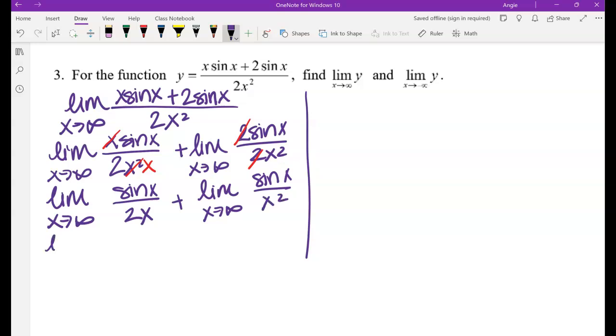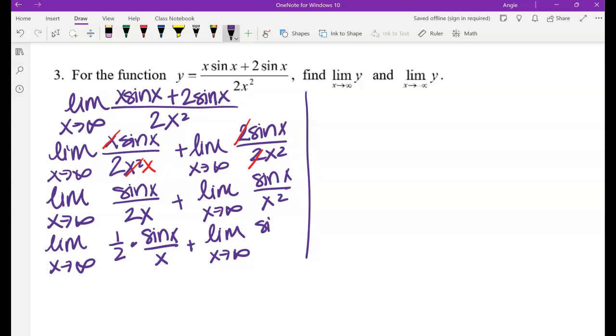Now, if we really wanted to, guys, we can break this up even further, right? This is 1 over 2 times sine of x over x, just like that. And then over here, we can break up the sine x. So limit as x approaches infinity, sine x over x times 1 over x.